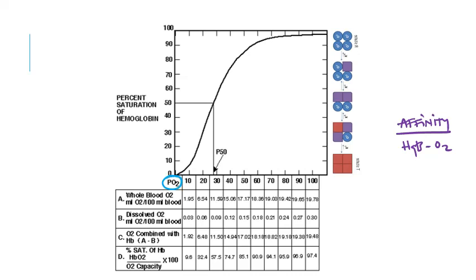So to review the x and y-axes, the x-axis is the partial pressure of oxygen from 0 to 100 millimeters of mercury. And then we'll give this a different color. The percent saturation of hemoglobin is 0 to 100% saturation.